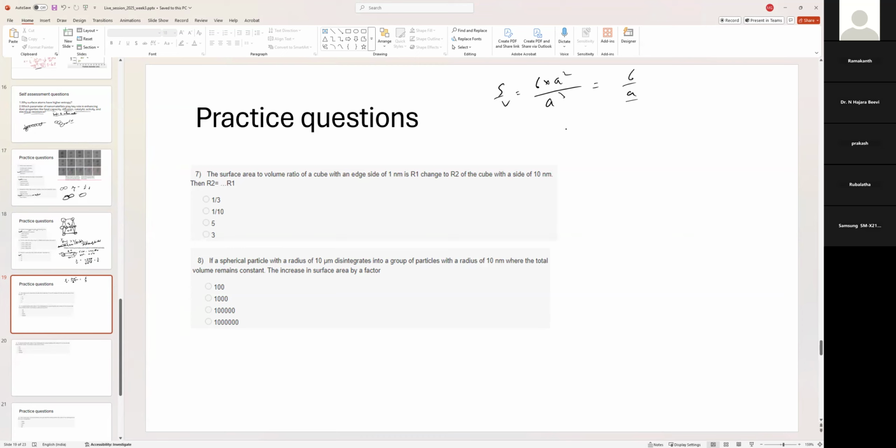So if you are going from R1 to R2, S by V 1 is 6 over 1, S by V 2 is 6 over 10. You take the ratios, S by V 1 divided by S by V 2 is 6 over 1 divided by 6 over 10.